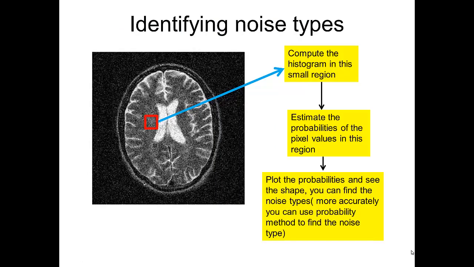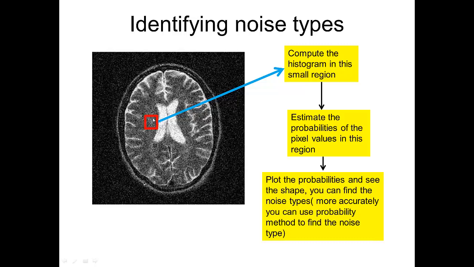So now let's talk about how to identify the noise type. For example, we have an image here. You want to know what type of noise is in this image. In order to identify the noise, first you need to select a uniform region in the image.